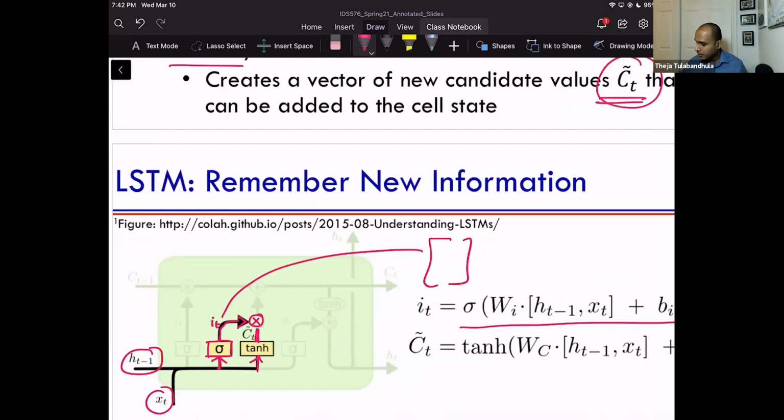It's going to have numbers between 0 and 1, like 0, 1, 0, or it could also have 0.1, for example. And C tilde t, from the tanh transformation, if you remember, is going to give numbers between -1 and 1. The multiplication here is going to be element-wise: first coordinate times first coordinate, second coordinate times second coordinate, third coordinate times third coordinate. That way you get some output here, and that's the output that's added back to the cell state.